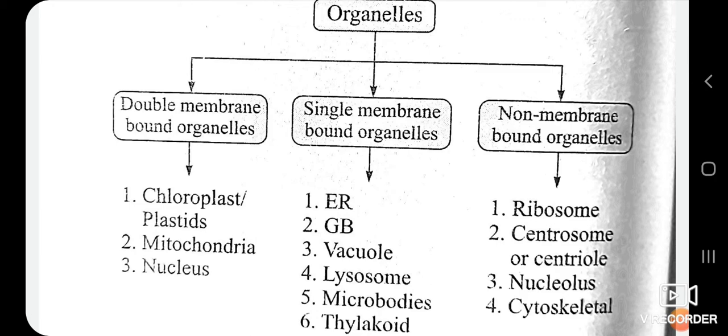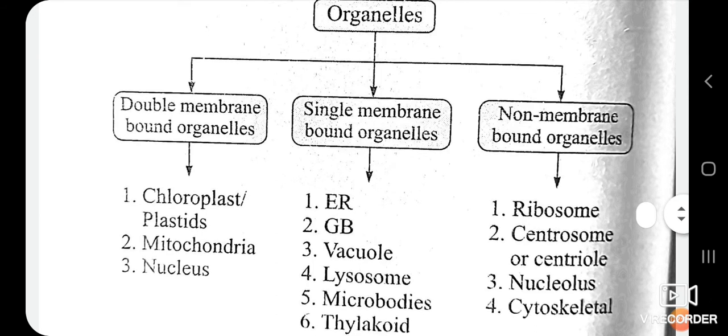No doubt chloroplast is a cell organelle which has a double membrane, but inside the chloroplast there is a matrix that we call stroma, and in the stroma the stack of coin-like structures is present that we call thylakoid. This thylakoid has a single membrane. So thylakoid is a single membrane structure which is present in the double membrane chloroplast.